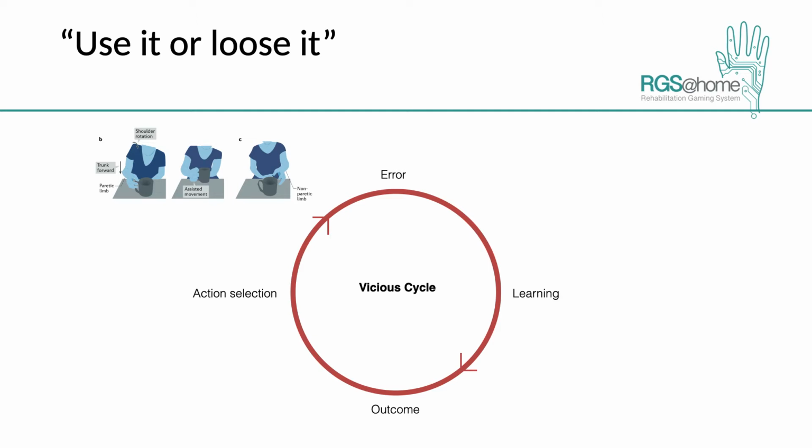This is the core of what has been called learned non-use, where the patient tends to overuse the non-affected arm due to the loss in motor control when using the paretic one. And due to that, the patient is not exposed to error, there's no further learning, and the outcome of the actions performed with the paretic arm are poor.